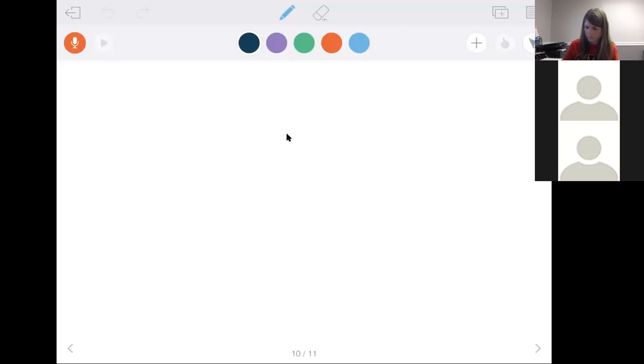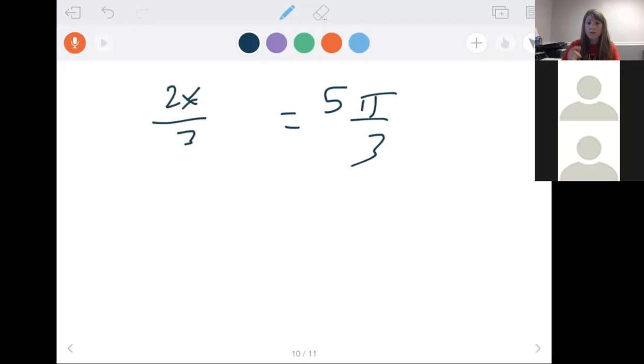I'm not sure where they wanted you to put that other quadrant here. But if you look at starting with 5 pi over 3, and you go back to 2x over 3 equals 5/3 pi plus 2 pi n, and then multiply everything by 3/2.